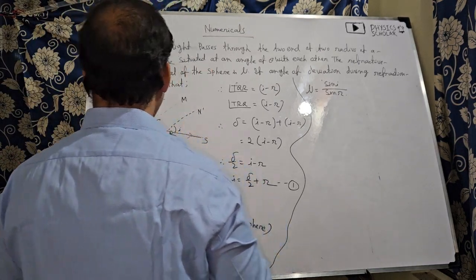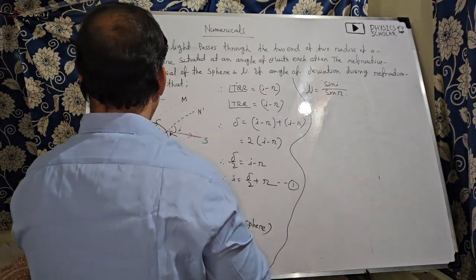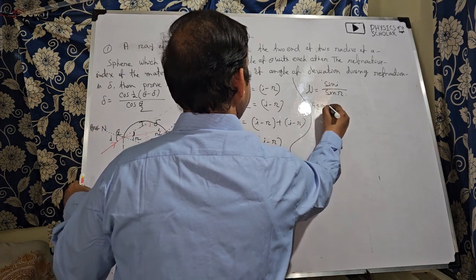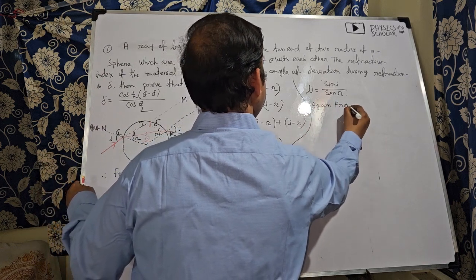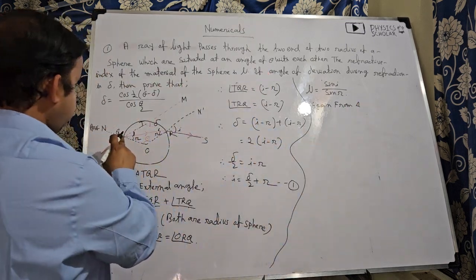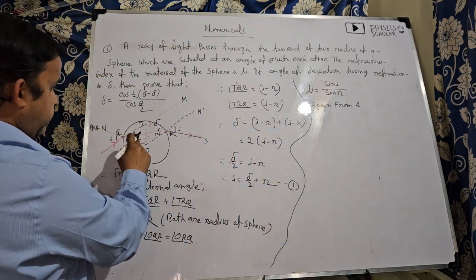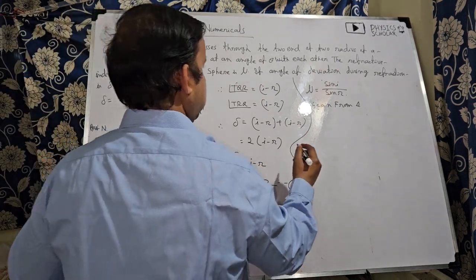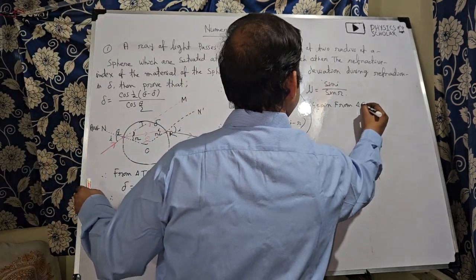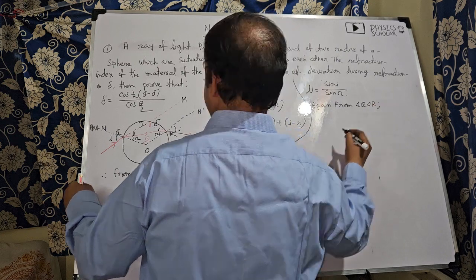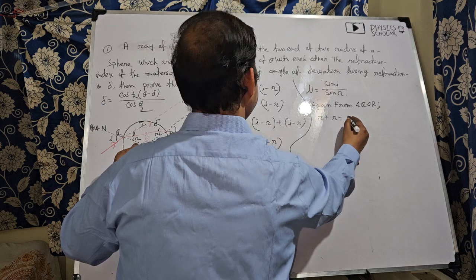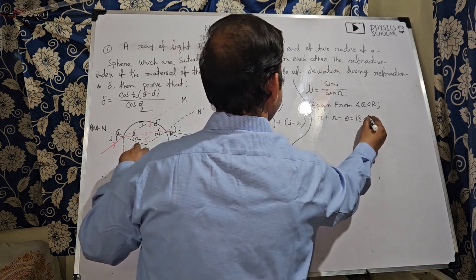Okay. Now, what we can write now? Again from triangle, see, this is the triangle QOR. So the summation of three angles of the triangle is what? 180 degree. So from triangle QOR, we can write r plus angle r plus angle theta is equal to 180 degree.